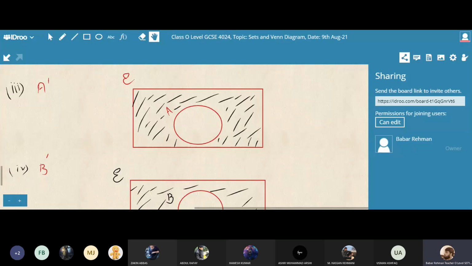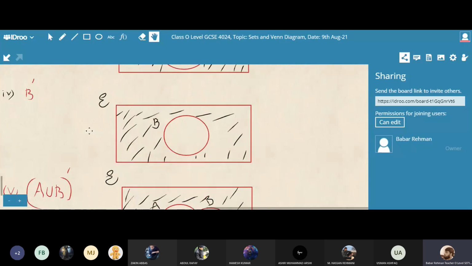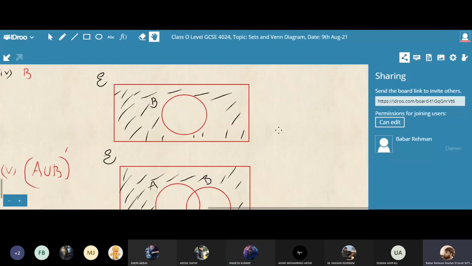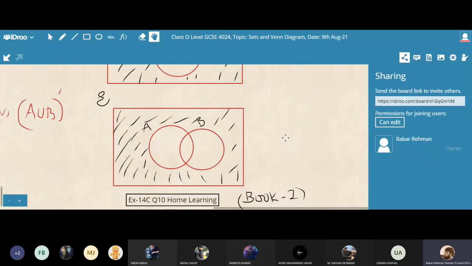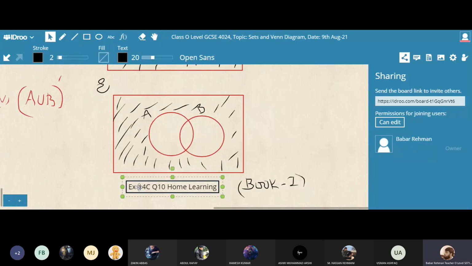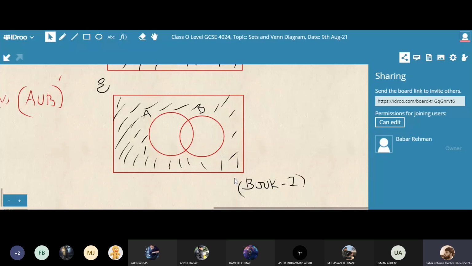Similarly, what is B complement? All the elements in the universal set excluding B. Good. Okay, what about this one? A union B whole complement.